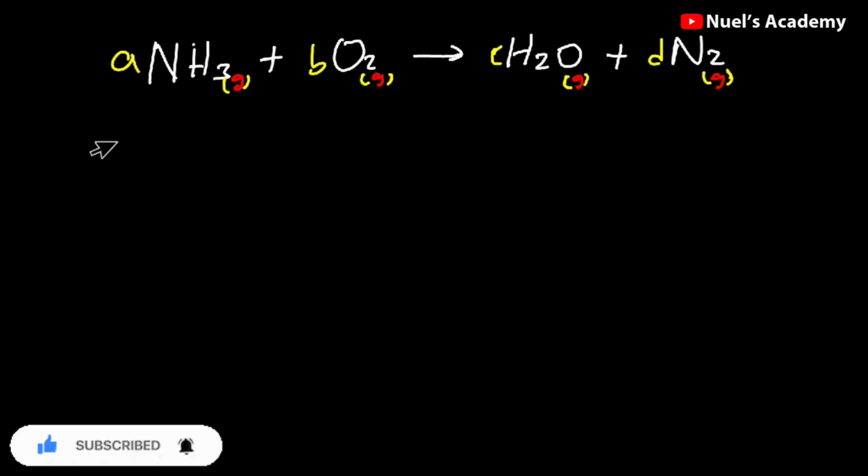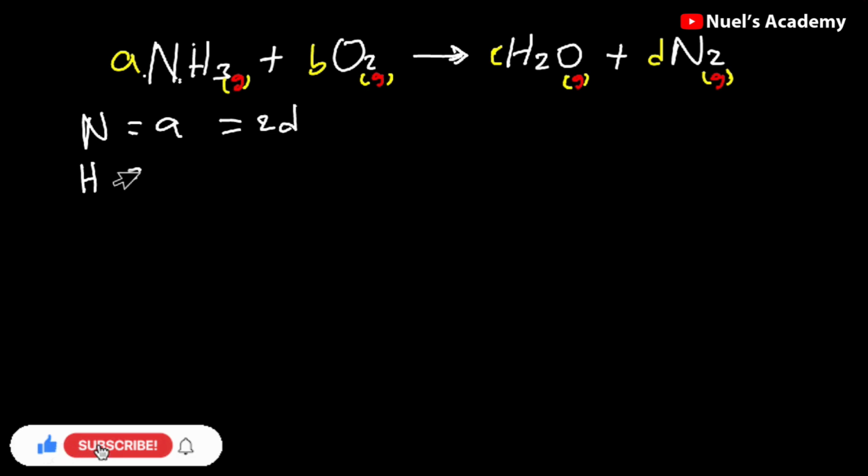So for nitrogen, we write nitrogen. Now the total atoms of nitrogen in this reactant is A, because here is one atom, so 1 times A is A. Then we are done with the reactants. Then we write equal to, and on the product side, the nitrogen here is 2 times D, which equals 2D. We do the same for hydrogen.